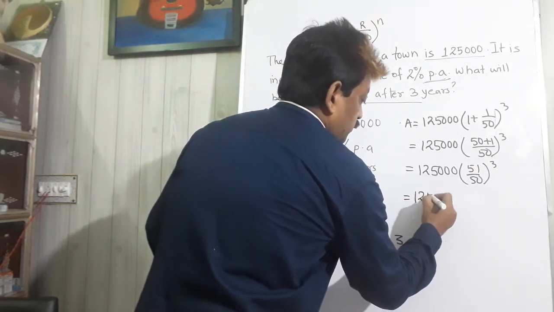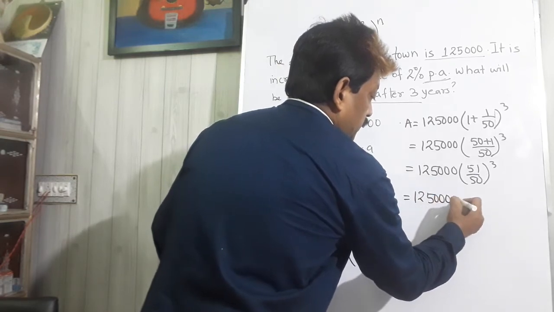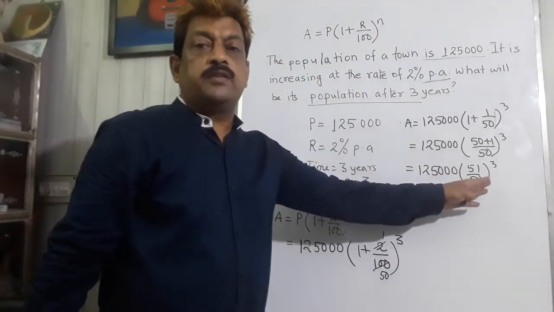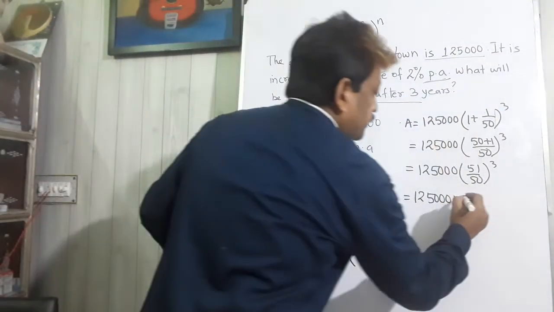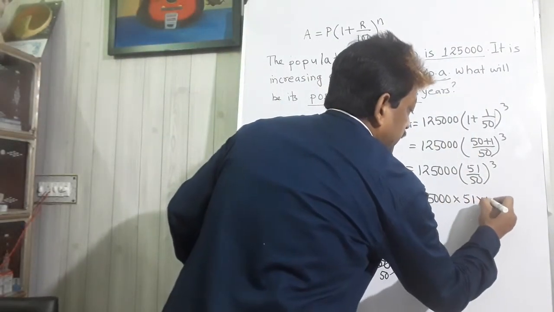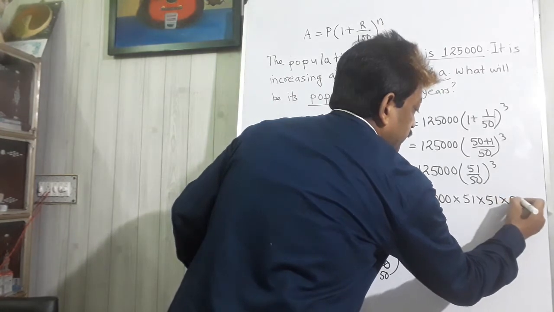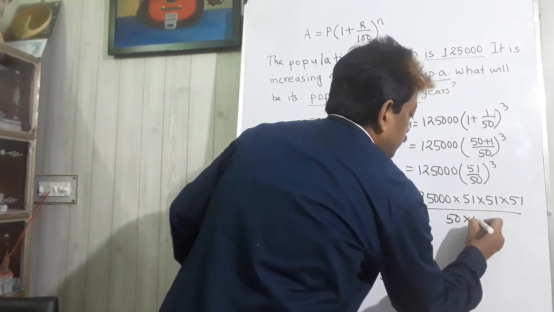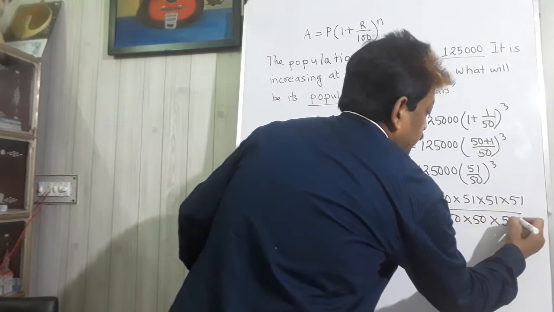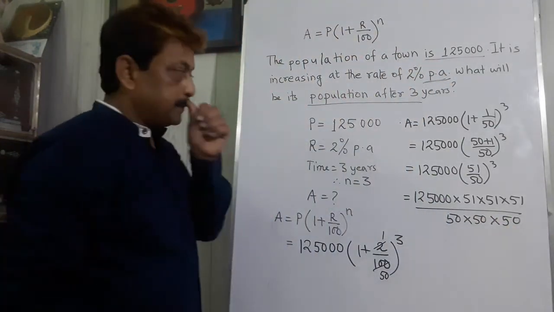So 1,25,000. Now let us simplify this. Don't go for making the cube. Just write it 3 times. 51 multiplied by 51 multiplied by 51 and then divided by 50 multiplied by 50 multiplied by 50. Okay.